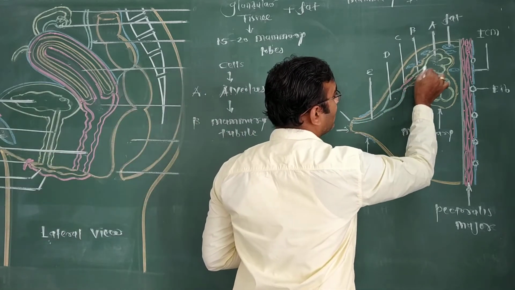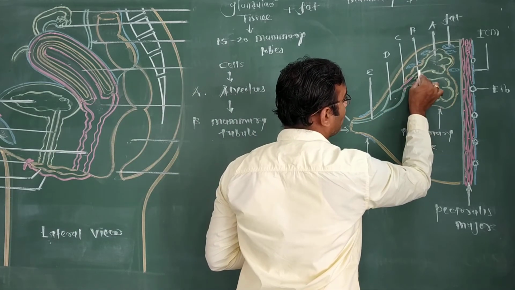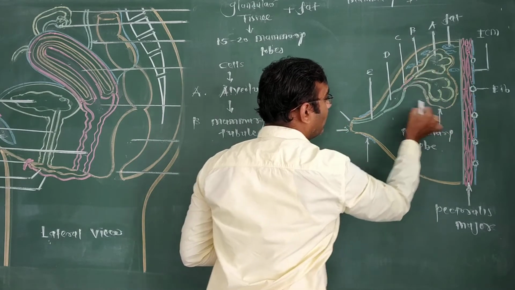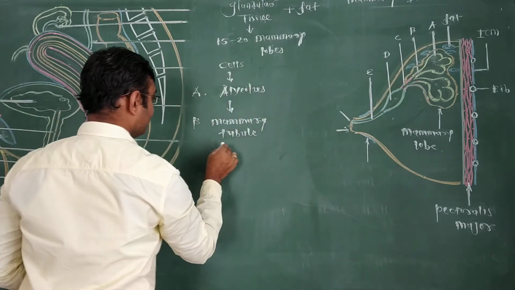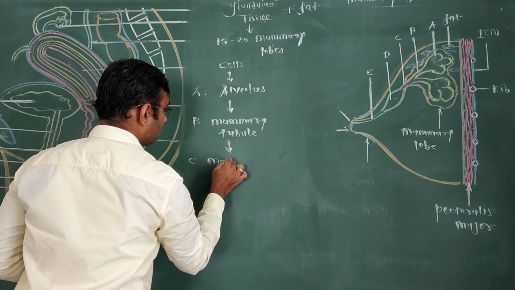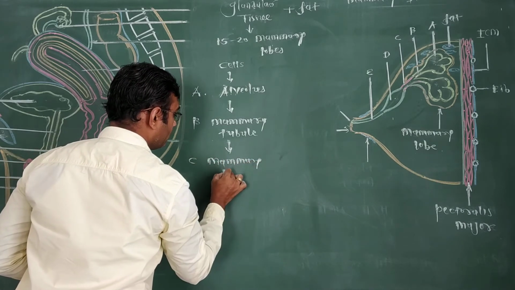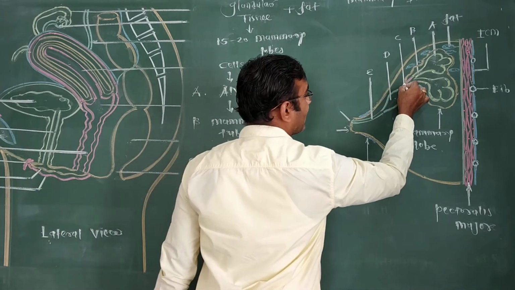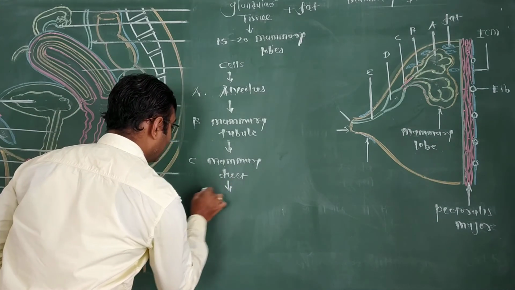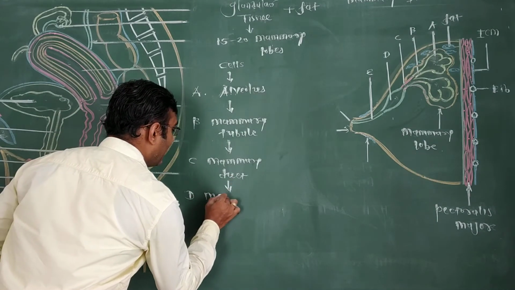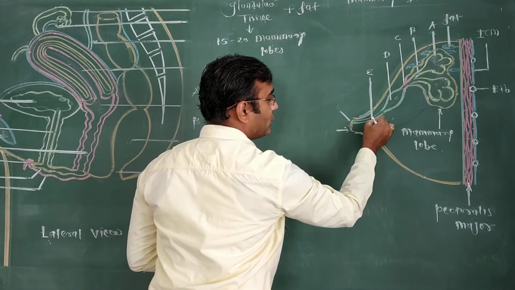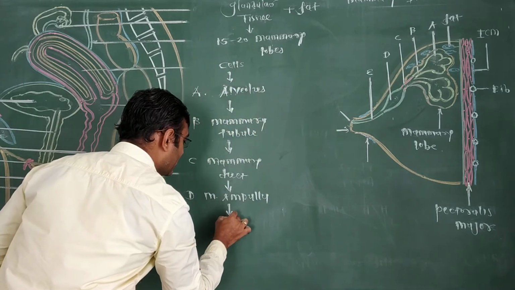This is one mammary tubule from one alveolus, and a second from the second. The different mammary tubules of one mammary lobe gather and produce the mammary duct. The mammary duct opens into a wide structure, the mammary ampulla, and the mammary ampulla is joined with one duct, the lactiferous duct.